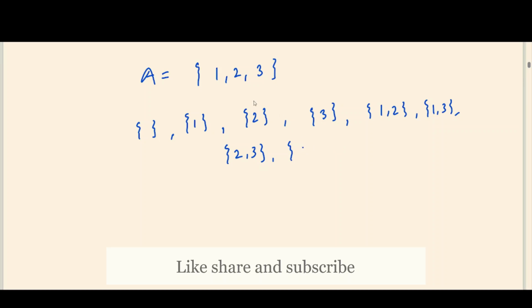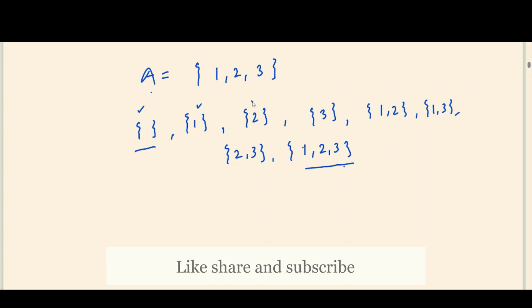A set cannot repeat elements, so we cannot write {3, 1} since {1, 3} is already there, or {3, 2} since {2, 3} is already there. So we are done with two elements. Now we can have three elements altogether, which is the whole set, the same set A. All these are subsets of A.